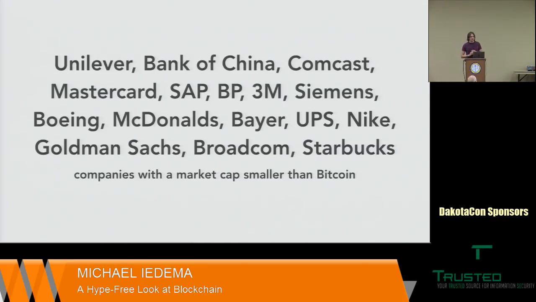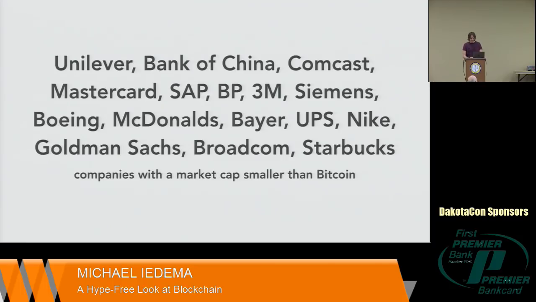These are all companies that are valued less than Bitcoin right now. Small companies like Boeing, McDonald's, Broadcom, Starbucks, UPS, Nike, Siemens, Comcast, Bank of China, Unilever. Small little companies, mom and pop shops that can't quite compete against the new technology that's only 10 years old.